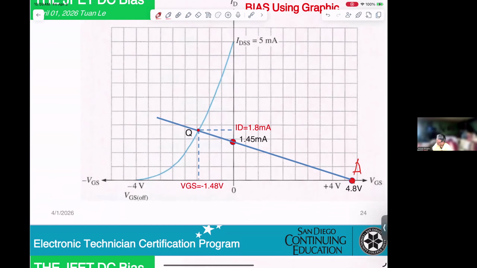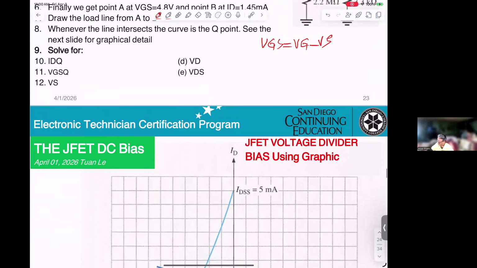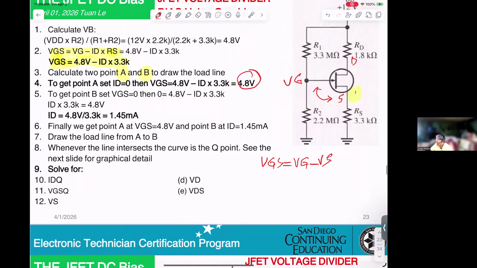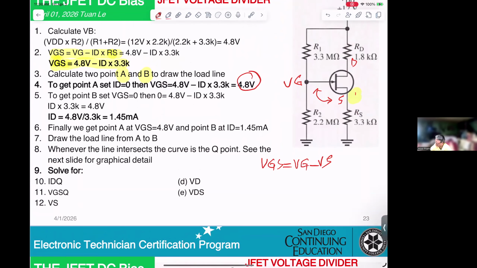Now you need the second point, B, here. At this point, VGS equals 0, and ID will be this point here. To get point B, VGS equals 0.